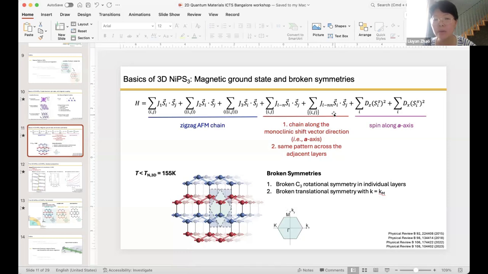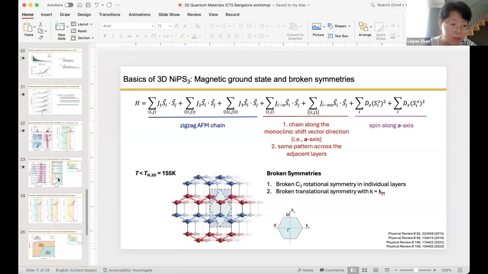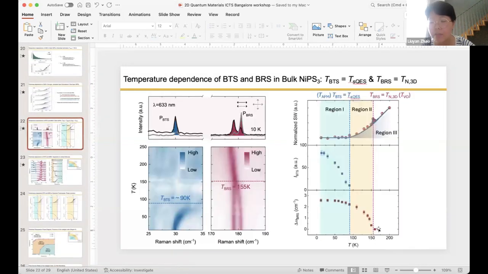But then the question is how strong this so-called pinning field is. If it's a strong pinning field, then let me show you the temperature dependence of this. If it's a very strong pinning field, then this split of the Eg mode is not going to show this kind of order parameter behavior. You will see a rounded corner.